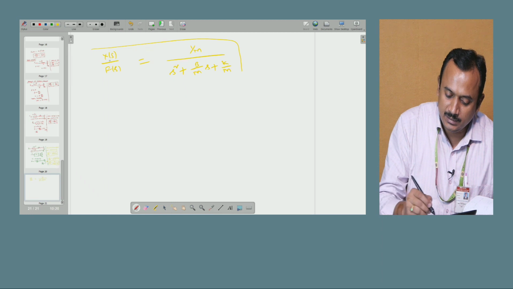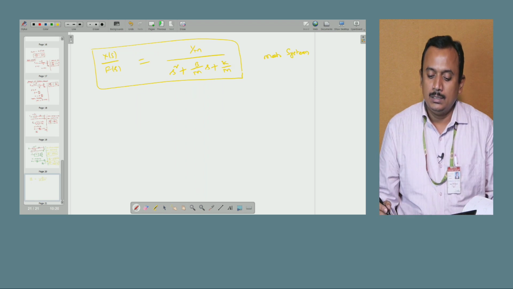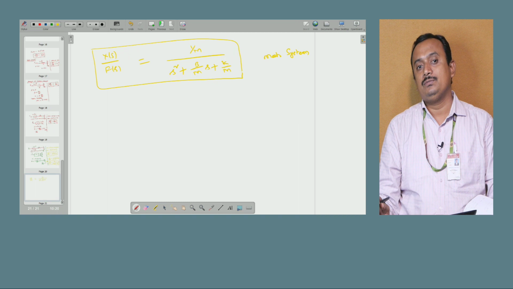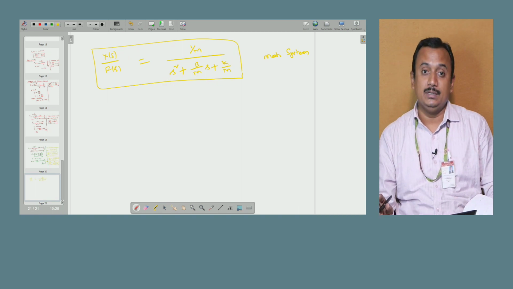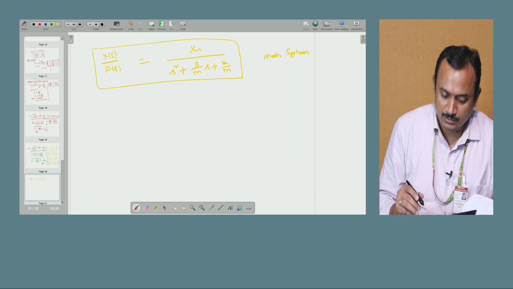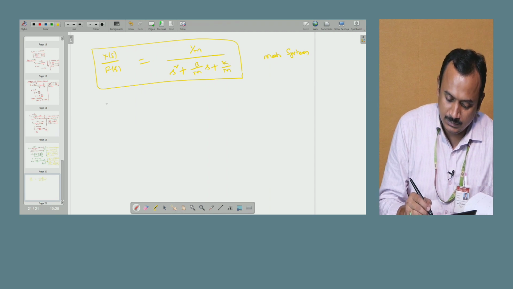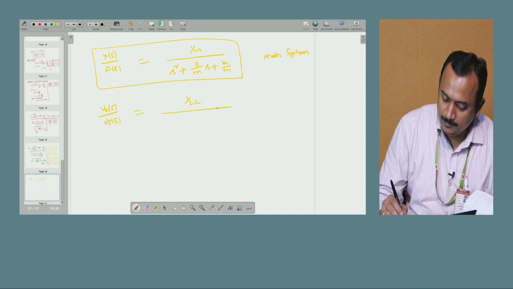And if you look at this equation for the mechanical system, a similar equation we got for the electrical system also, that is for a second order system, where we have taken the RLC series circuit. That RLC series circuit, what is that we got? V naught of s by Vi of s is equal to 1 by LC, by s square plus R by L into s plus 1 by LC.